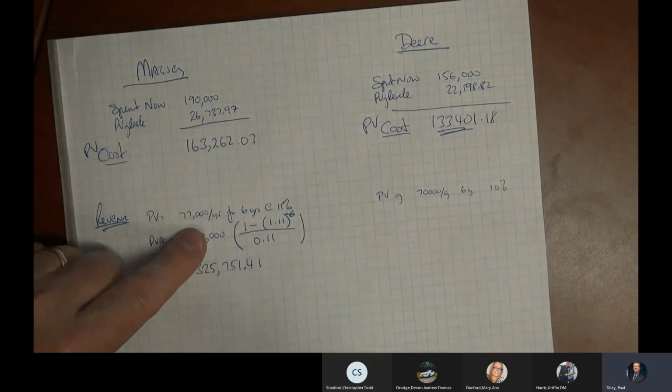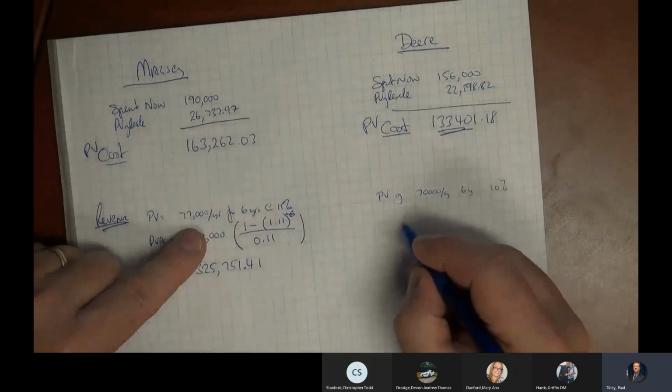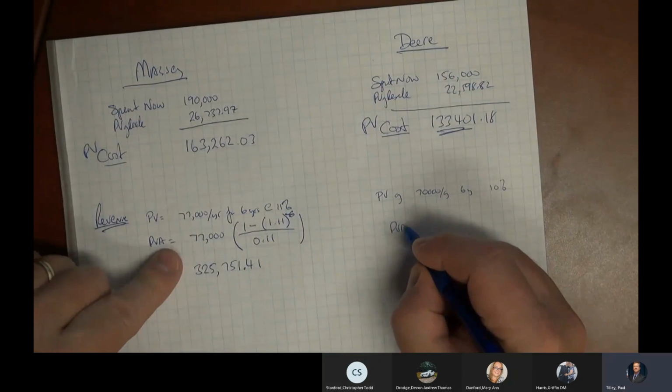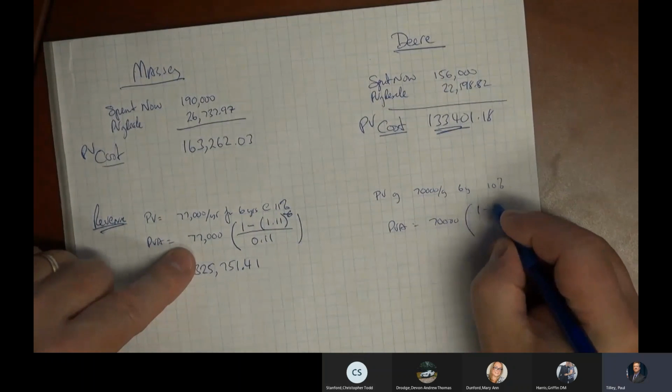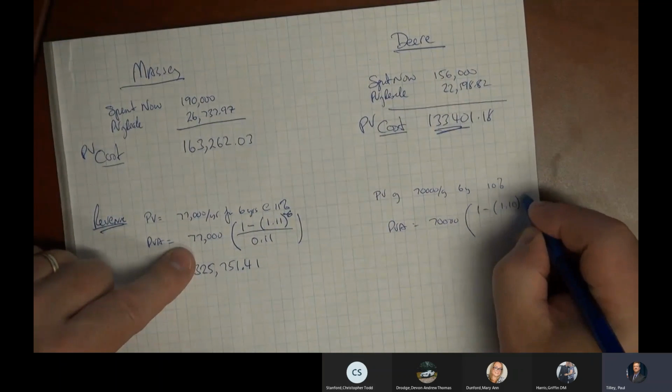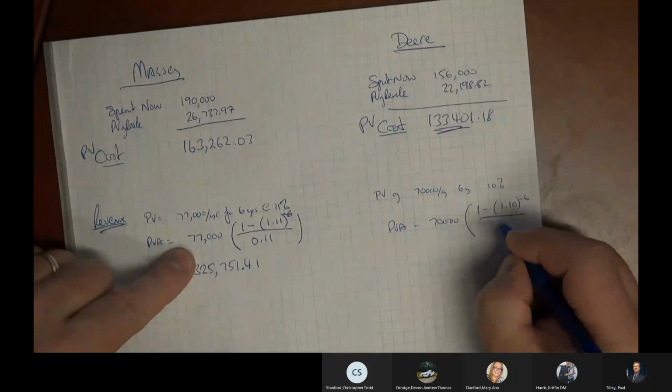When we plug that into our formula, the PVA, its present value is 70,000 times 1 minus 1.10 to the minus 6, over 0.10.